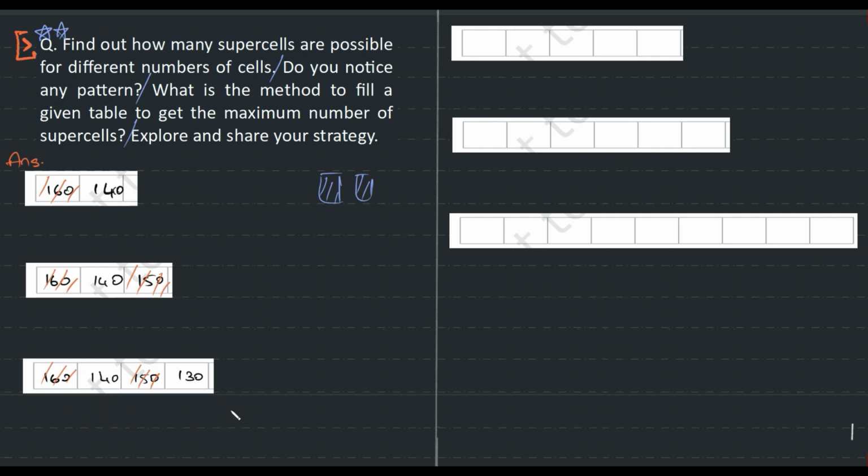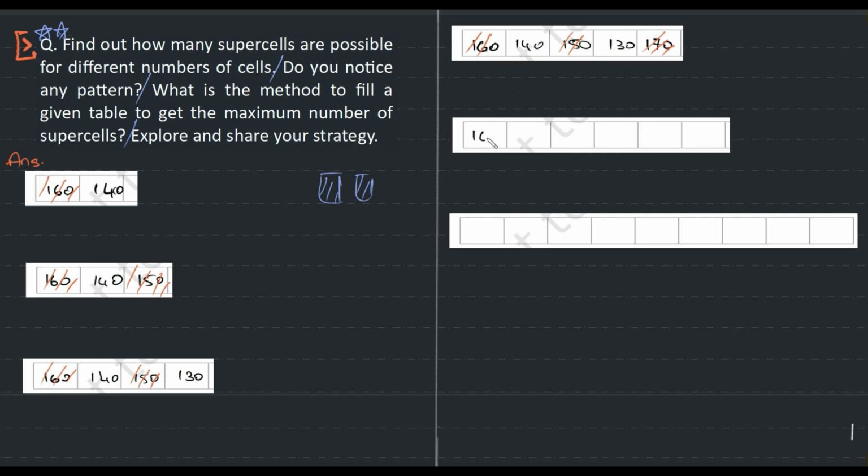Again, we're trying to figure out some patterns, so I'm sticking to the same set of numbers. 160, 140, 150, 130. I want the last one to be the supercell, so I can go with 160 or 170. Actually, you can repeat the numbers, not an issue. So 1, 2, and 3.